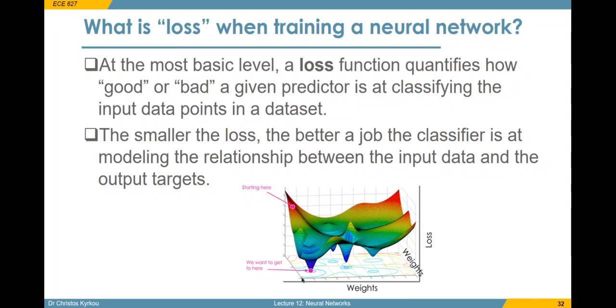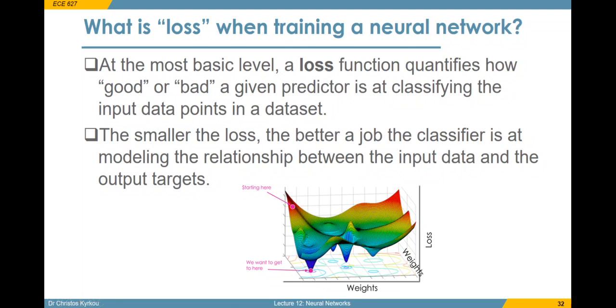So in general, when we have a high loss, it means that we have a lot of error in our prediction, and the smaller the loss, the better. So by changing the weights, we basically traverse this loss function space, and our goal is to reach the lowest point of the function, which is down here.